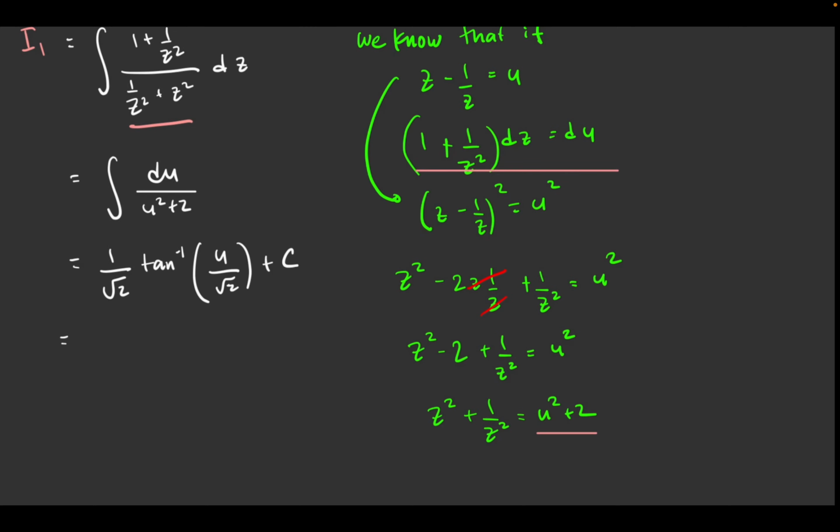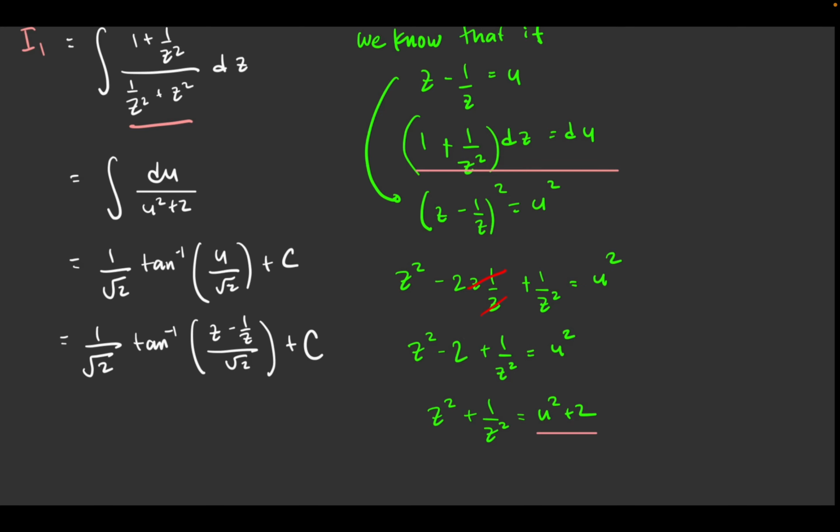But since u is equal to z minus 1 over z, so I get 1 over square root of 2 arctangent of u natin is just z minus 1 over z over the square root of 2 plus c. Okay?